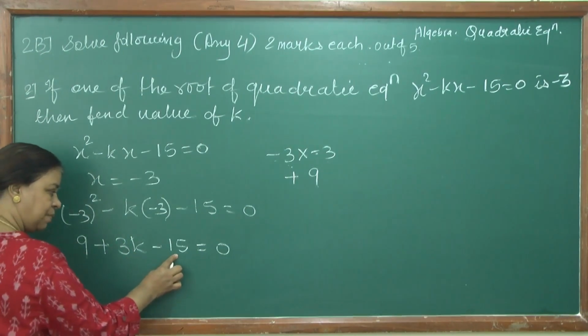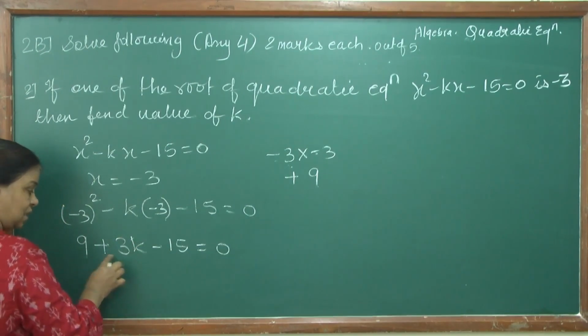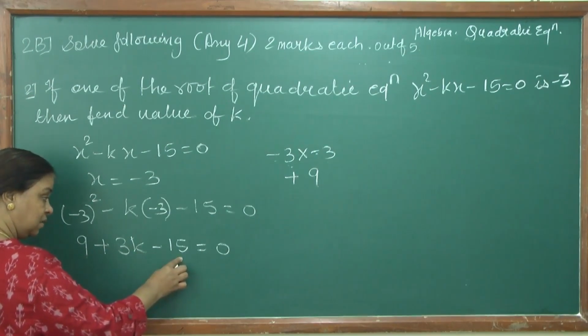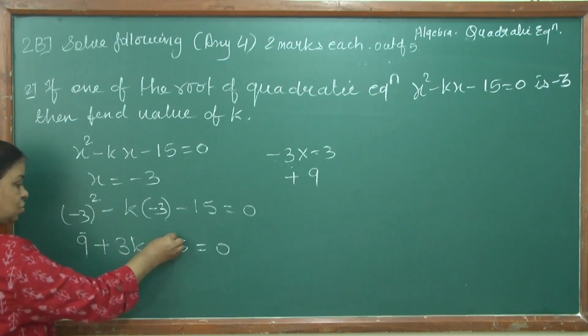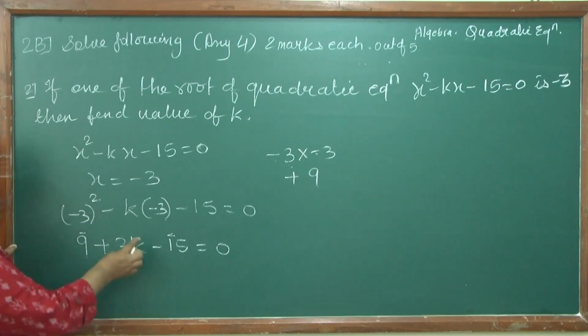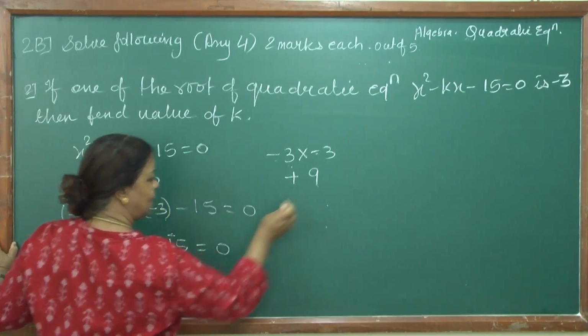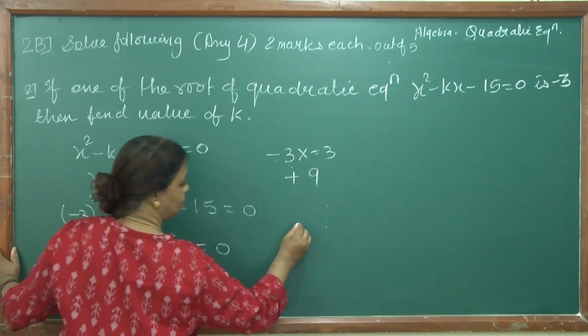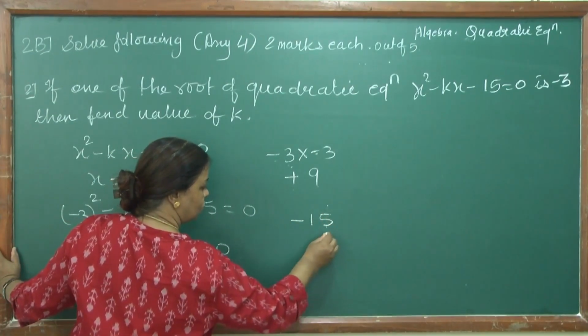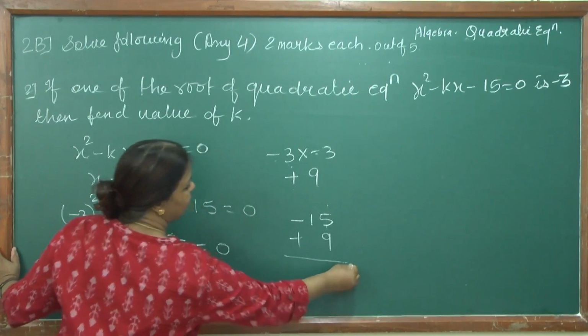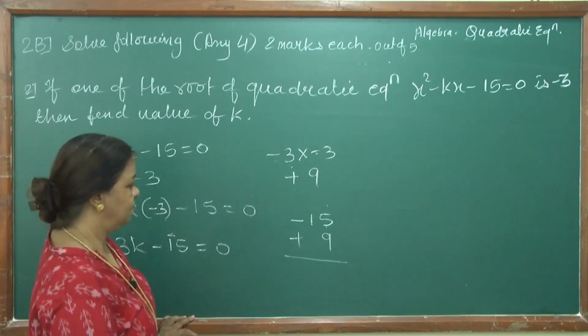From here you cannot subtract this because this is with the variable, this is without variable, they are the number. So I can operate this to 9 and minus 15. This is plus sign, 9 is plus and this is minus. So let me subtract. When one is plus, one is minus, you have to subtract them.